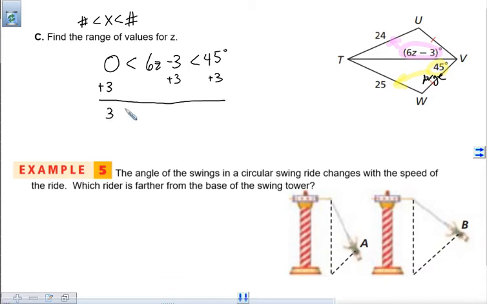So 3 is less than 6z, which is less than 48. And then we're going to divide by 6 on all 3 parts. That gets us 1/2 is less than z, which is less than 8. And that is our answer.